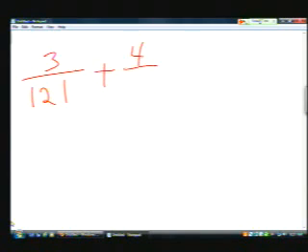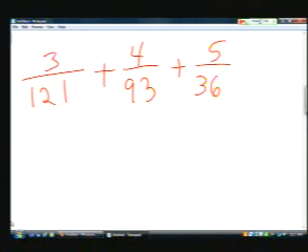Oh, let's pick something like this. 3/121 plus 4/93 plus 5/36. To add these three fractions, we're going to need to get the common denominator.